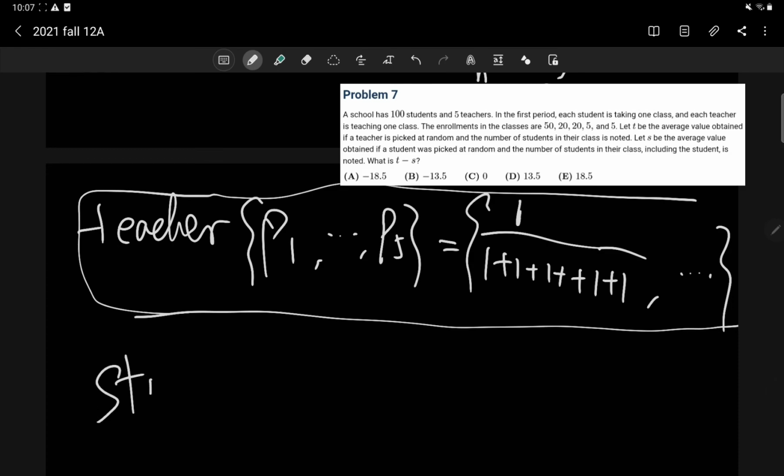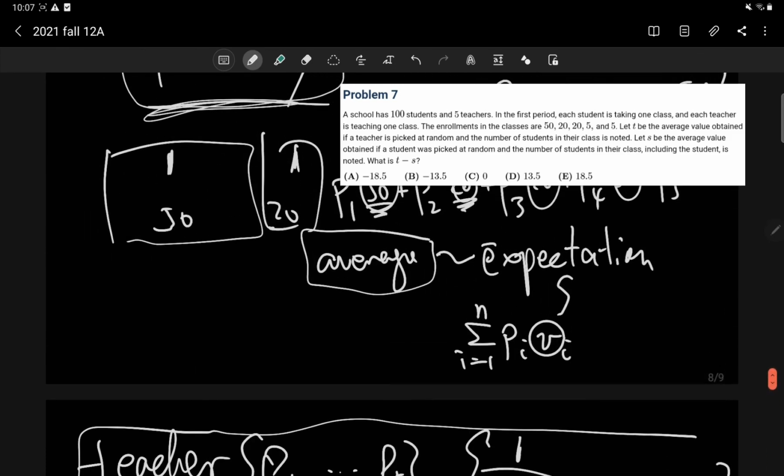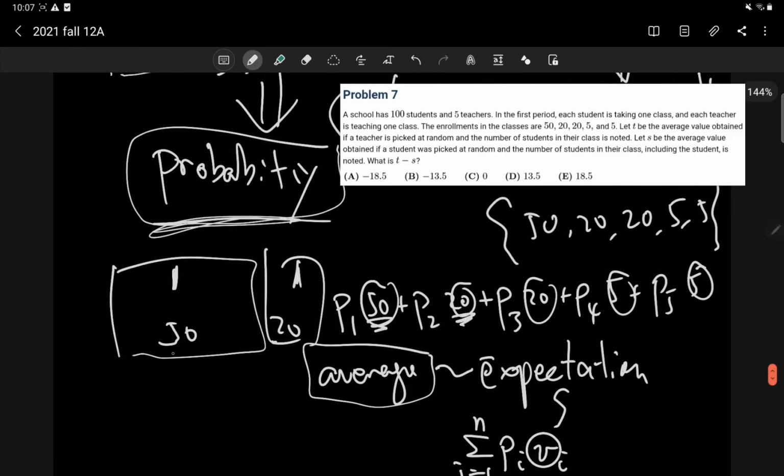So that is the central part of our problem, to determine the probability. And then with the same logic, if we go back to student, then what? The probability of choosing the 50 class is driven by the student.